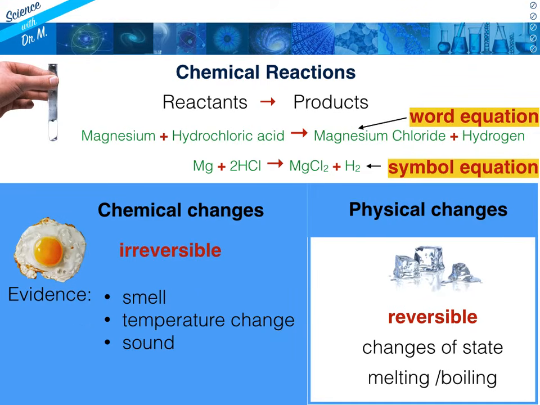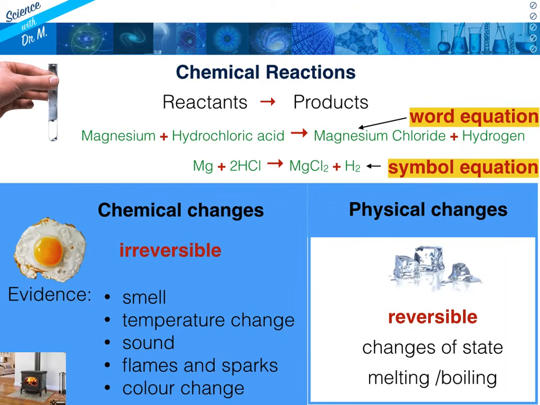Sound, you quite often get some crackling or some fizzing or even some hissing and some whistling depending on what reaction is taking place. You can get flames and sparks. Think about fires and fireworks. You can actually get evidence that is very, very visible, quite exciting ones. And you can also get colour changes. Okay, so these are our evidences. You need to be able to list these 5 types of evidence, perhaps give some examples of each one.